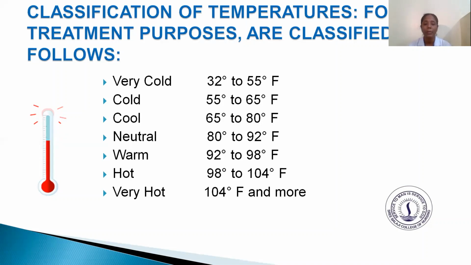Neutral, 80 to 92 degrees Fahrenheit. Warm, 92 to 98 degrees Fahrenheit. Hot, 98 to 104 degrees Fahrenheit. Very hot, 104 degrees Fahrenheit and more. This is the classification of temperature for treatment purposes only, used by the nurses.